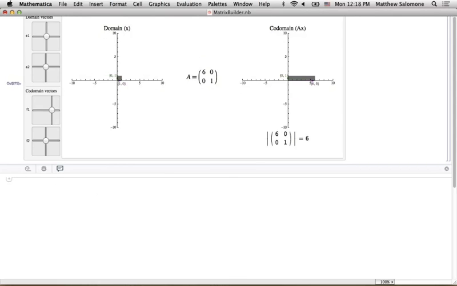So here's another example, 6, 0, 0, 1, and the determinant is evidently 6. Where do I find the number 6 in this diagram over here on the right? It's the width. In this example, it's the width of that rectangle, which is 6.